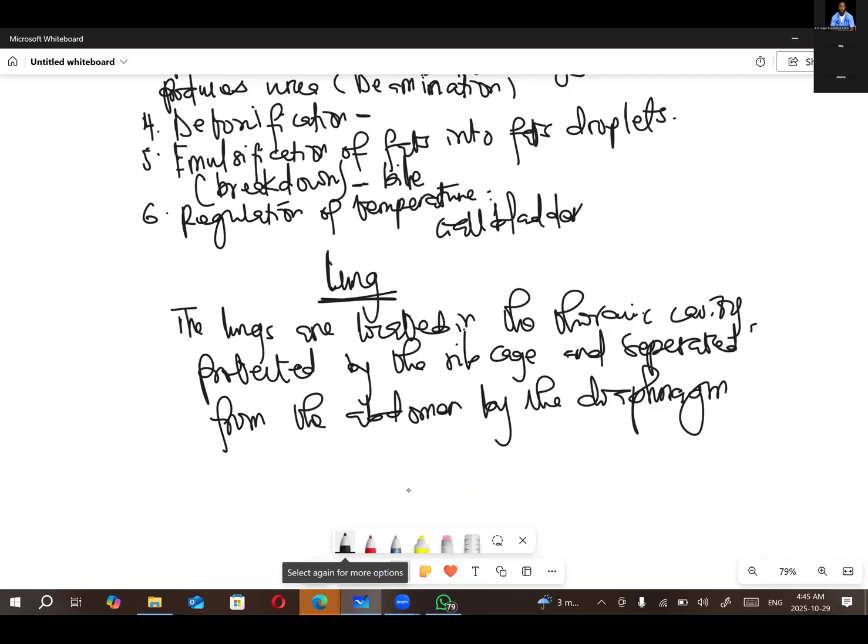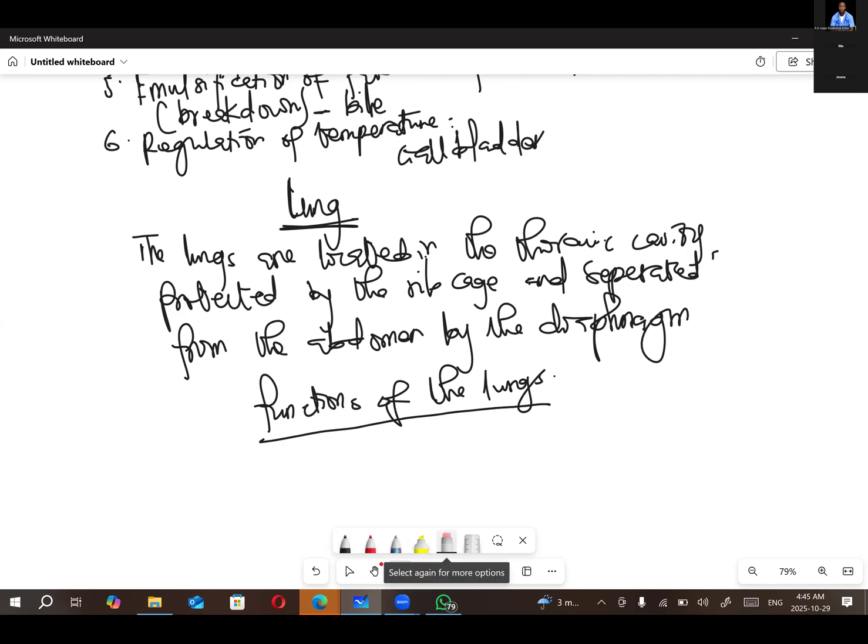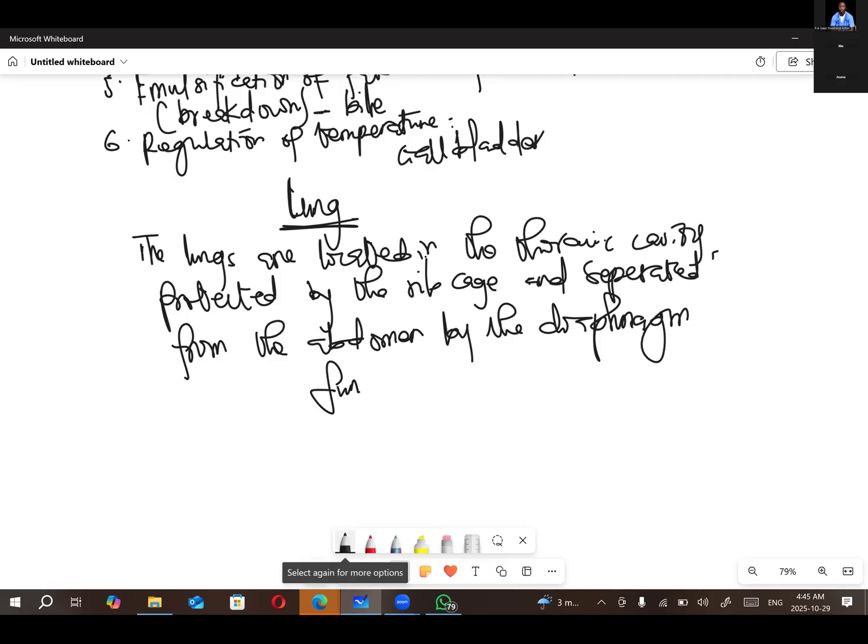Right. So let's look at the function briefly. So functions of the lung. Who can tell me the functions of the lungs? It gives oxygen to live.